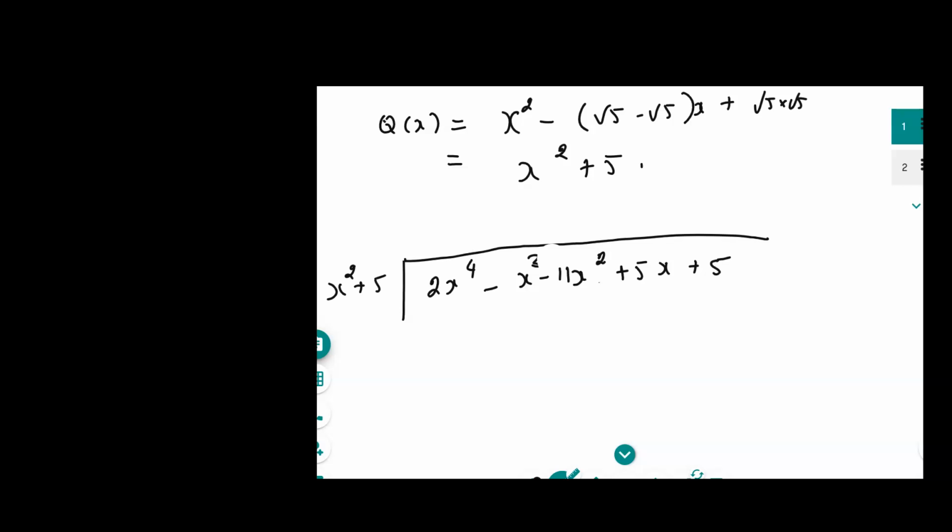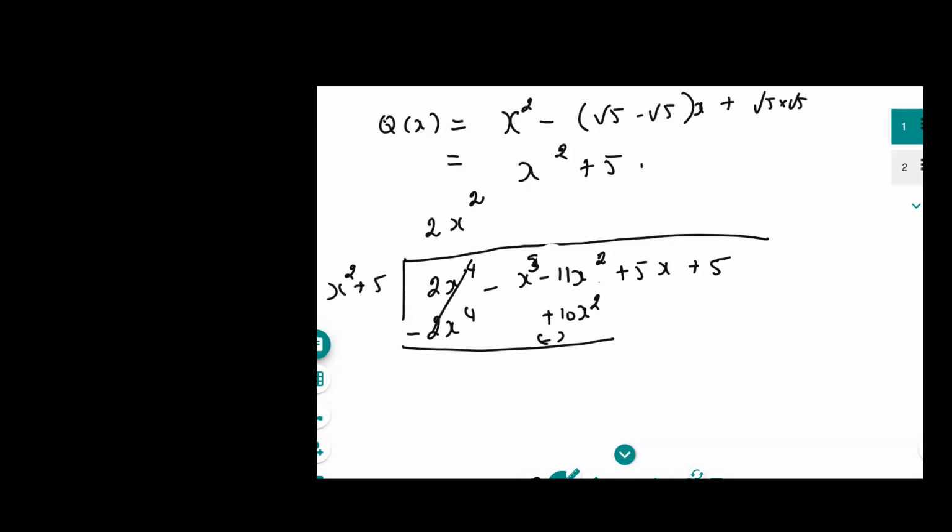So first let us multiply it by 2x squared, so that gives you 2x squared into x squared will give you 2x power 4 plus 5 2s are 10x squared. So let us subtract. So this gets cancelled.